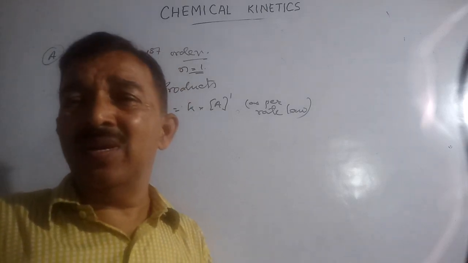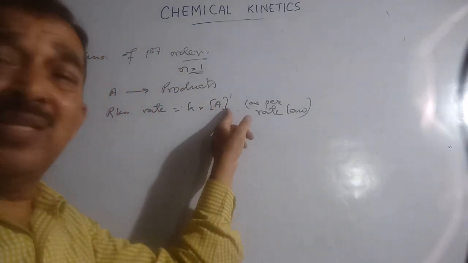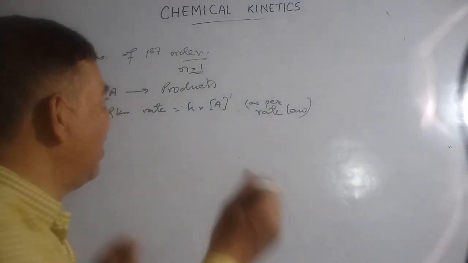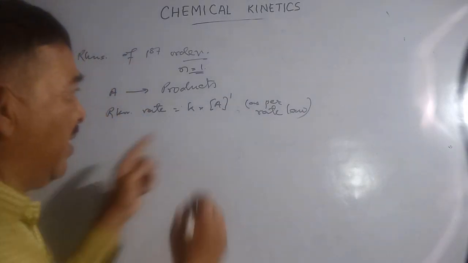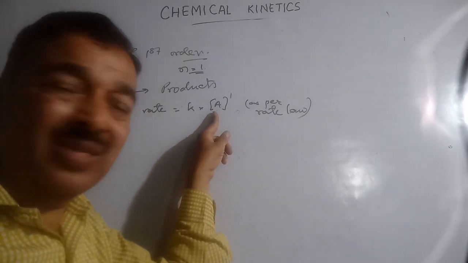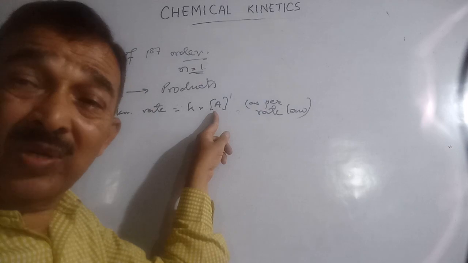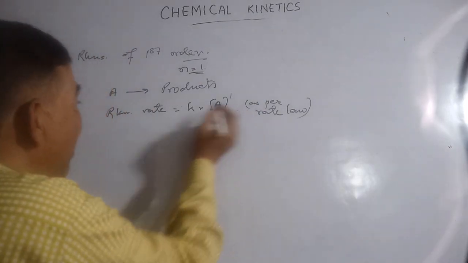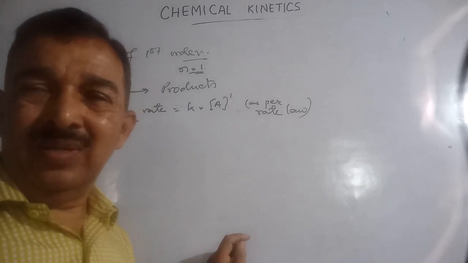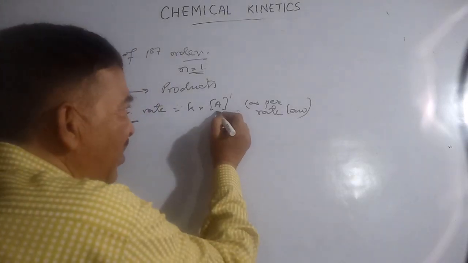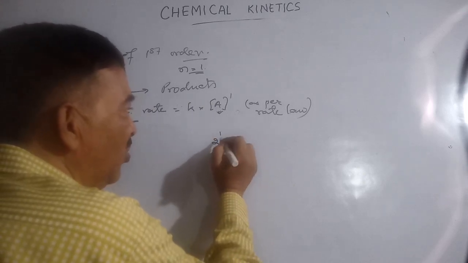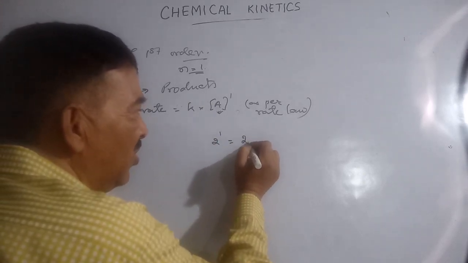What do you mean by the order of a reaction is 1? It means that if we double the concentration of A, then the reaction rate also will become double. Take the example, if this one is 2, then 2 to the power 1 will be what? 2.